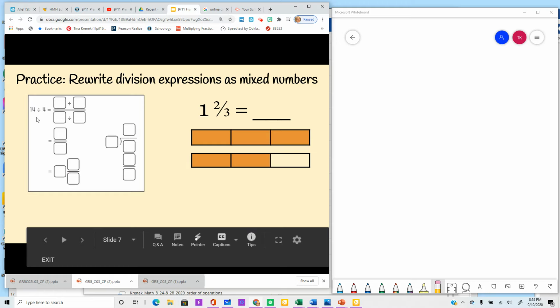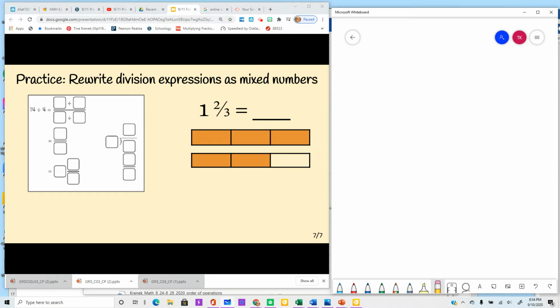So we're going to start over here with 14 divided by 4. As a fraction, it's 14 over 4. So we can simplify this in 2 ways.